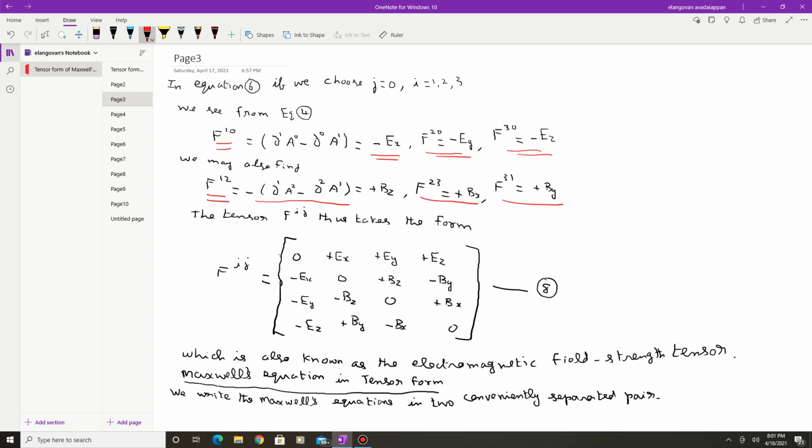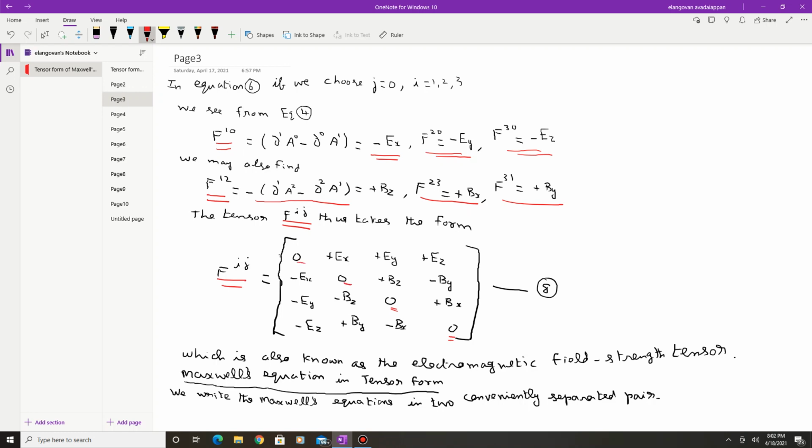Now, how do you find the tensor Fij? Because i runs from 0 to 3, and j runs from 0 to 3, these components can be expressed in terms of a 4 by 4 matrix. We have already calculated that F00, F11, F22, F33 are all 0 because this is an antisymmetric matrix.